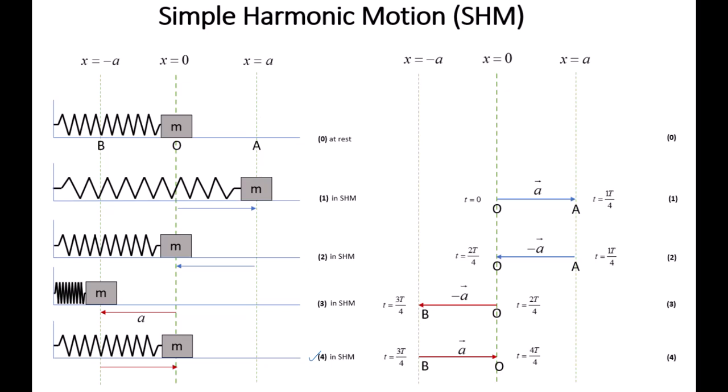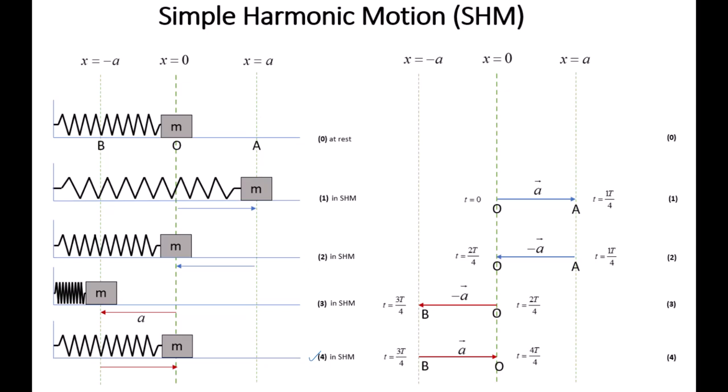Now, what we mean by one cycle of simple harmonic motion is you take any starting point, let's say A, and then you touch the other endpoint and come back to the same original starting point. So that is one cycle of SHM.